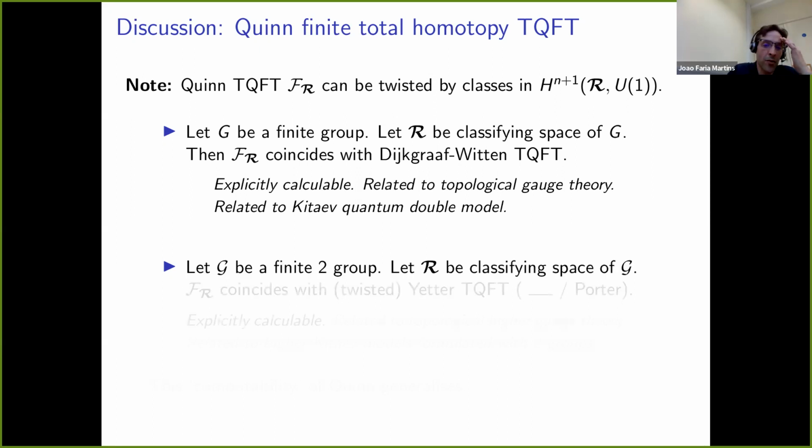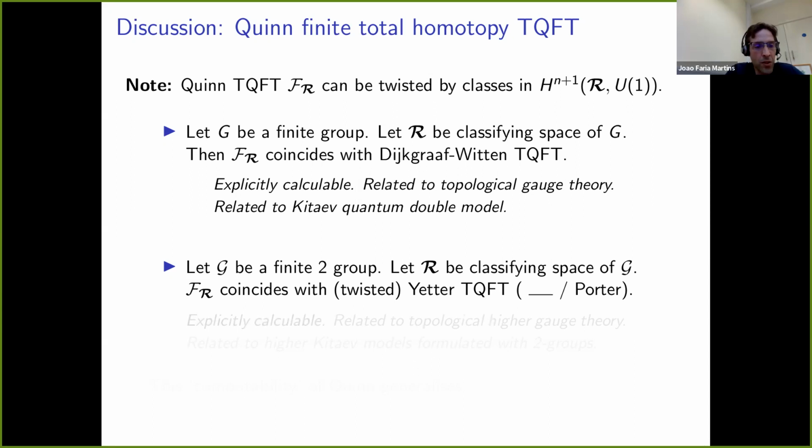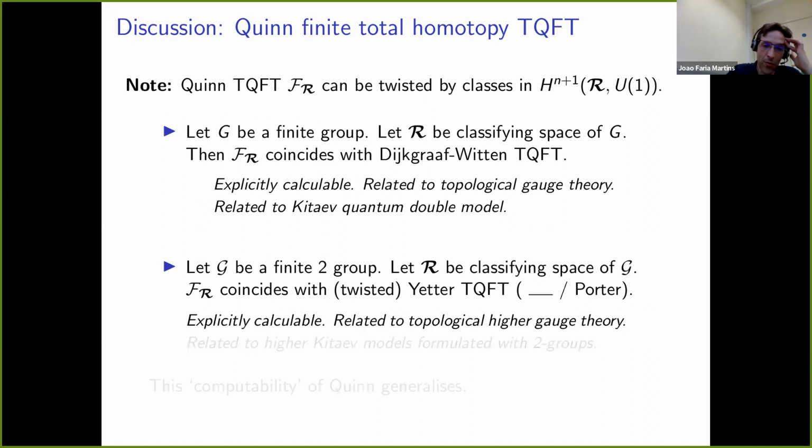And if R is the classifying space of a 2-group, then this Quinn finite total homotopy TQFT coincides with the Yetter homotopy 2-type TQFT, of which Tim and I did only half of the proof in a paper a long time ago, and probably at some time we should write down the other half of the proof. But Yetter can be seen as Quinn for the classifying space of the 2-group.